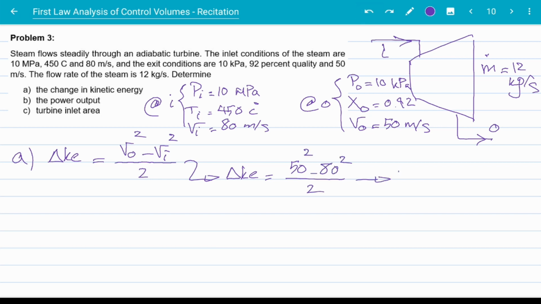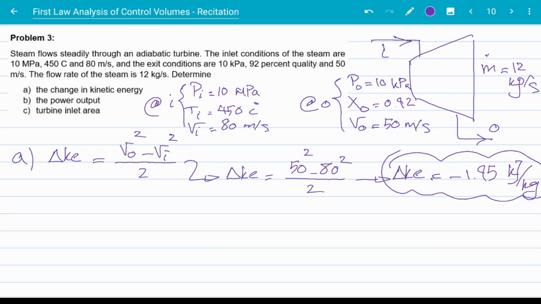Do the math and you get that delta KE is minus 1.95 kilojoules per kilogram. Which means that throughout this turbine, every kilogram of steam loses roughly 2 kilojoules of kinetic energy.